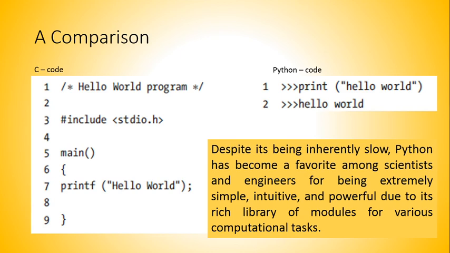Machine-readable code is called object code, which is given by an object file. This object file can be run directly on machines. As shown here, the C code is defined as follows and stored in a file named, for example, hello world program. The compilation of this code on a Unix-like machine, a GCC-like machine or a Windows platform, as you are all aware about this. You have gone through in the previous semester how to write and execute this code.